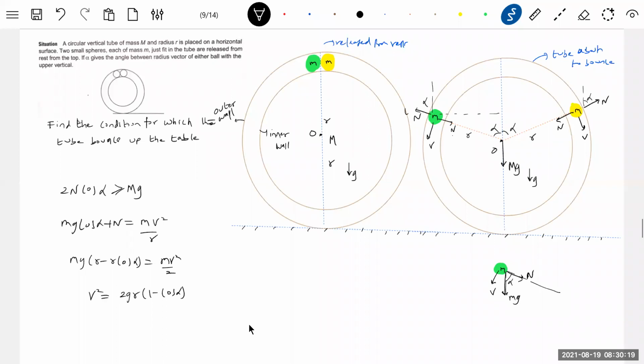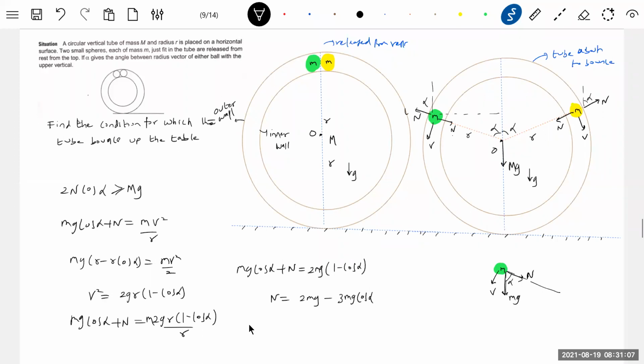Let me substitute the v square value there. mg cos alpha plus N is equal to m times 2gr times 1 minus cos alpha by r. r will get cancelled, so 2g times 1 minus cos alpha, so N should be equal to 2mg minus 3mg cos alpha.